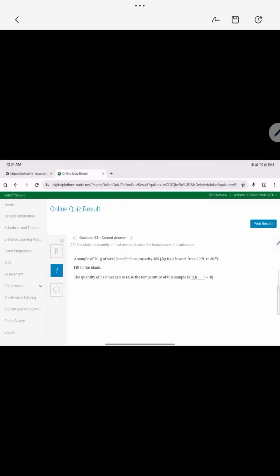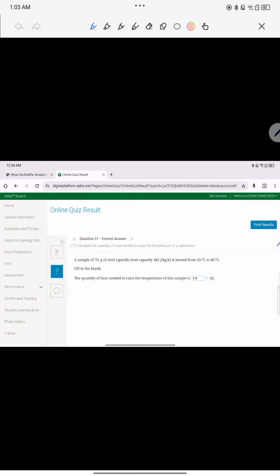Okay, 21. You have to do Q equals to M C delta T. Okay, so this is C. Delta T is 80 minus 20, final minus initial.